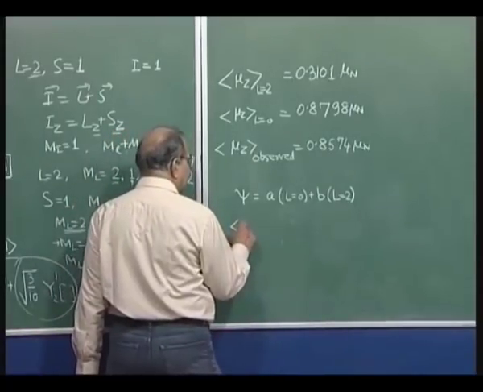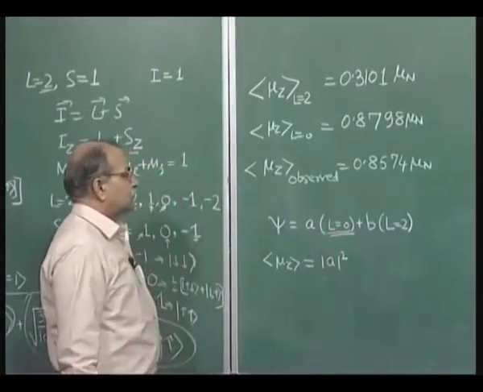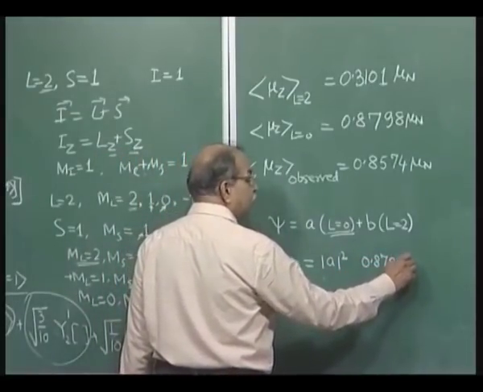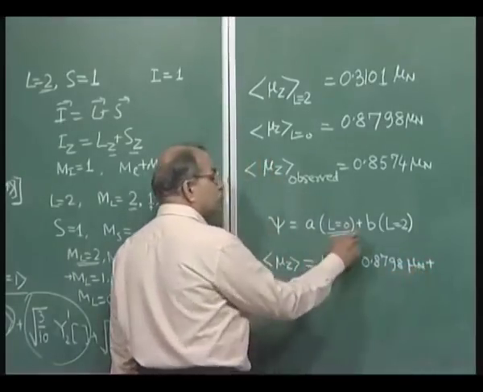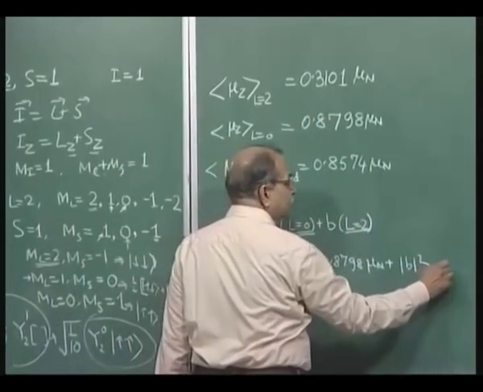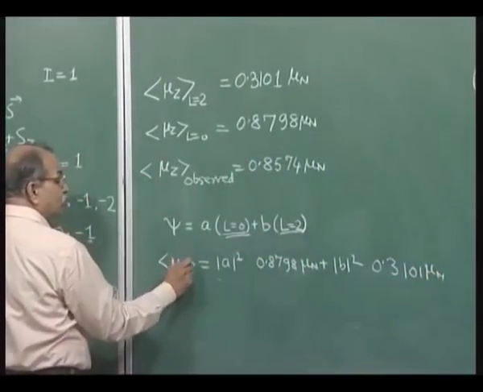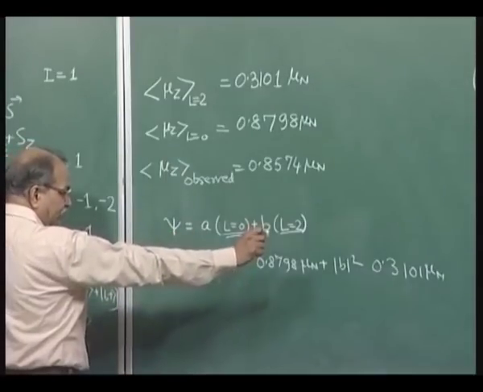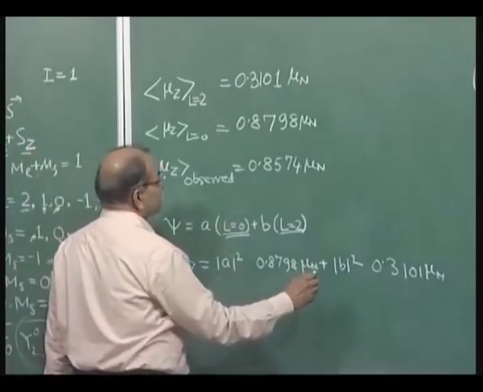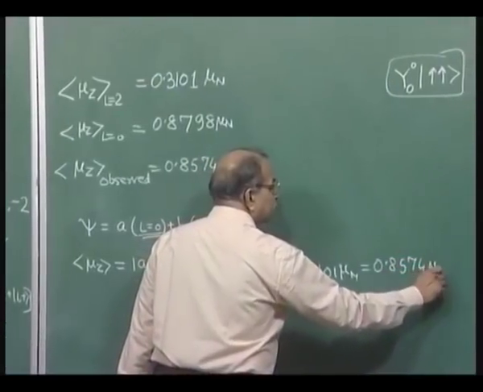Then the value of mu z should be mod A square, value coming from here, that is 0.8798 mu n, plus mod B square, value coming from here, it is 0.3101 mu n, and this is the observed value, so this is also equal to 0.8574 mu n.